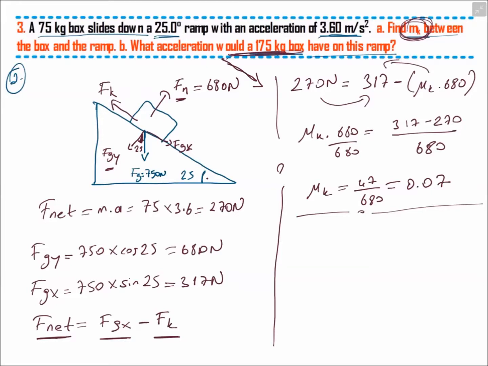And at part B it says, what acceleration would a 175 kilogram box have on this ramp? So we have to calculate Fgx and Fgy again. So Fgy will be now 1750, because we have a new weight, that means we have a new mass, times cosine 25, and Fgx is 1750 times sine 25.